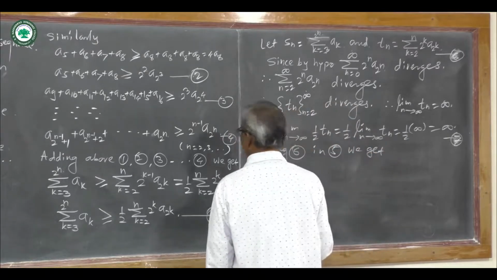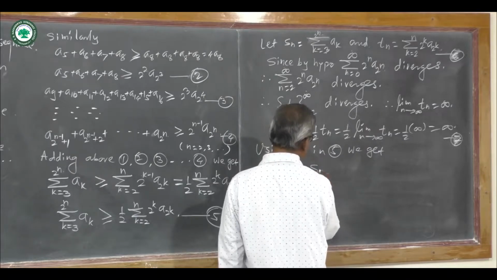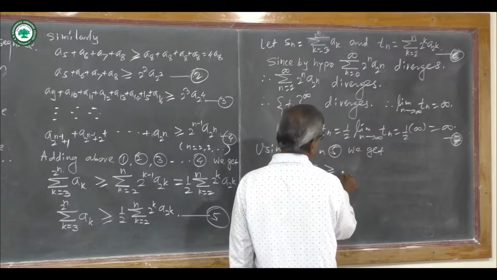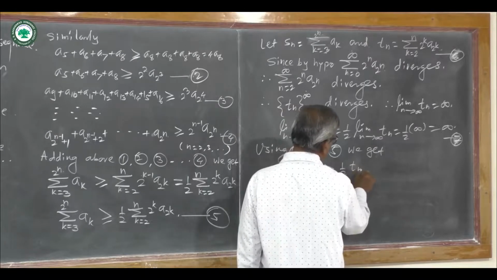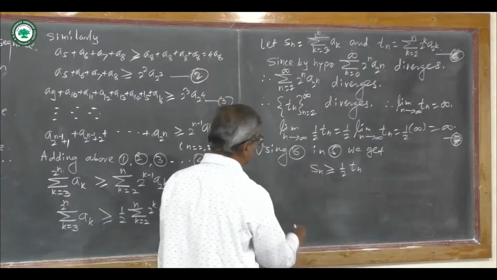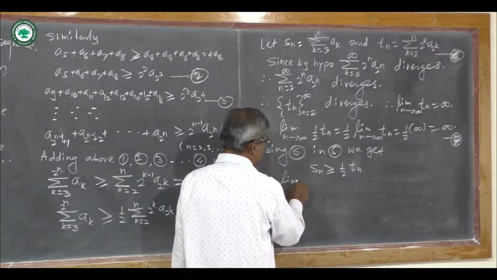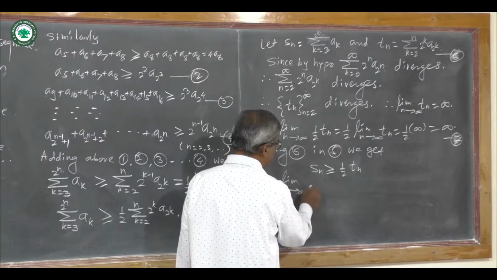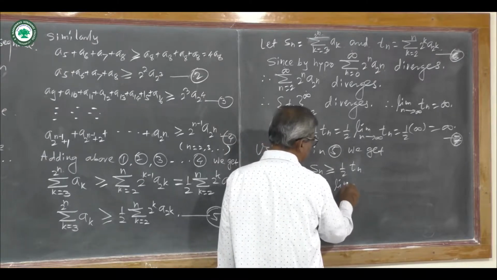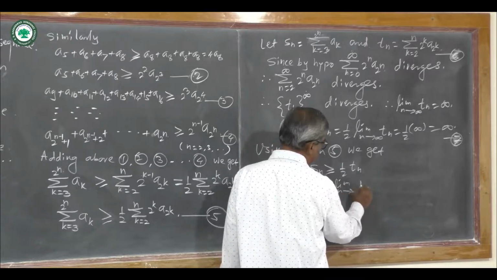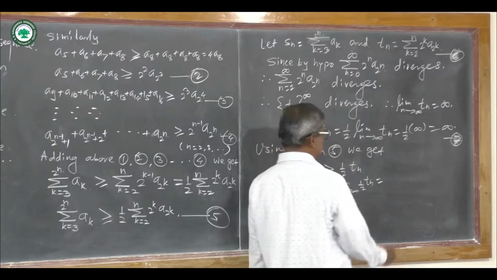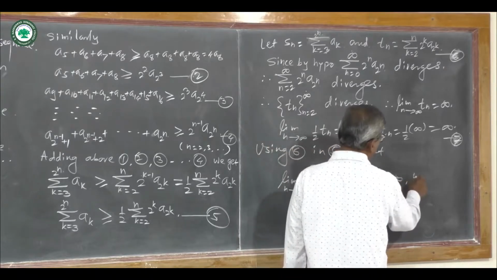Sn is greater than or equal to 1 half times Tn. Taking limit on both the sides as n tends to infinity, limit n tends to infinity of LHS, that is Sn, greater equals limit n tends to infinity of RHS, that is 1 half times Tn, and is equal to infinity by 7.